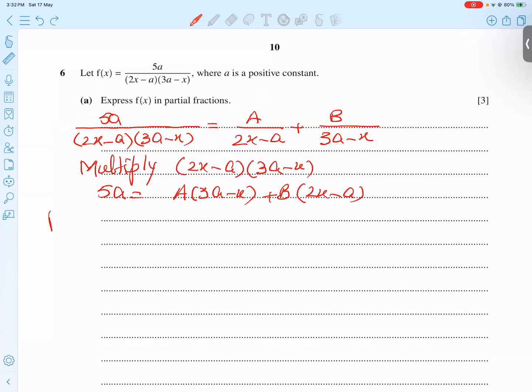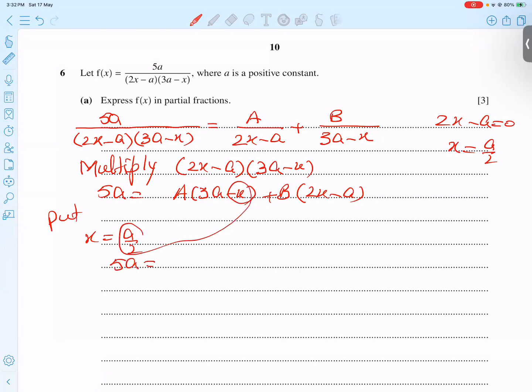Now, first of all, what I will do in the whole equation, I plug in this equal to 0. When 2x minus a is equal to 0, my x value is a by 2. This I replace in the whole equation. Left hand side, I have 5a.